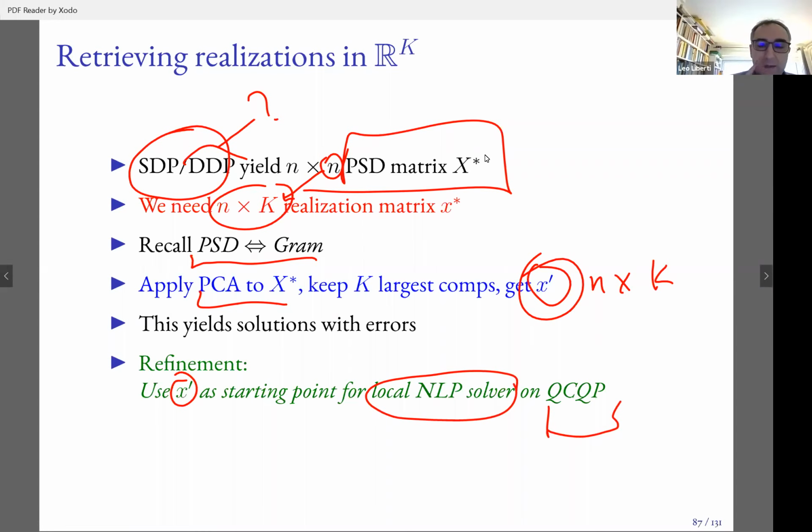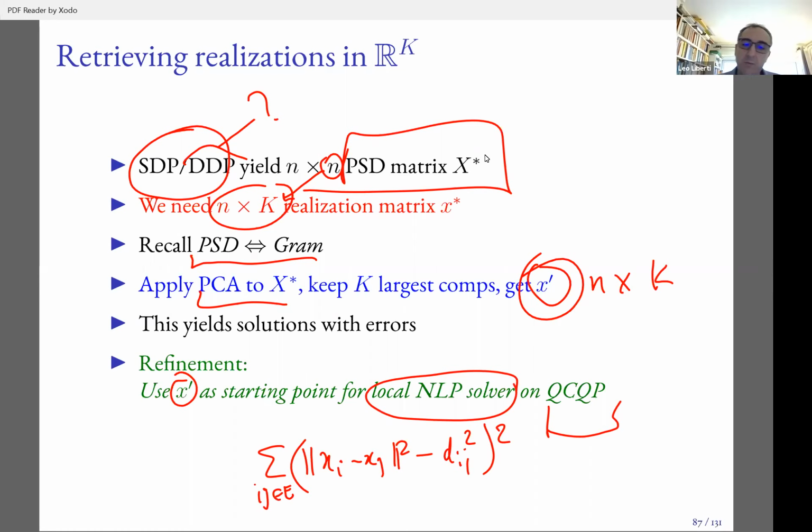I've shown one before, the push and pull formulation, but then there was also the quartic form, the unconstrained quartic, where you have (||xi minus xj||^2 minus dij^2), all squared. So you can use also this. So any of these formulations will work.